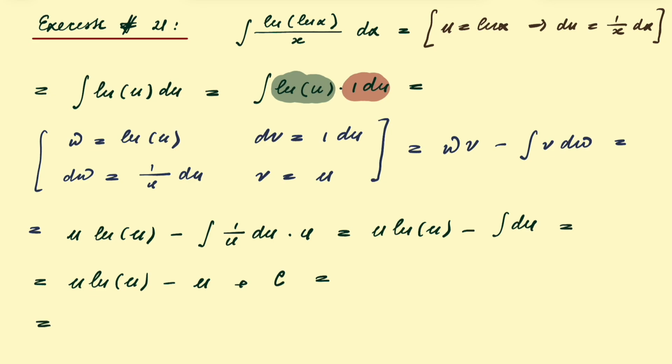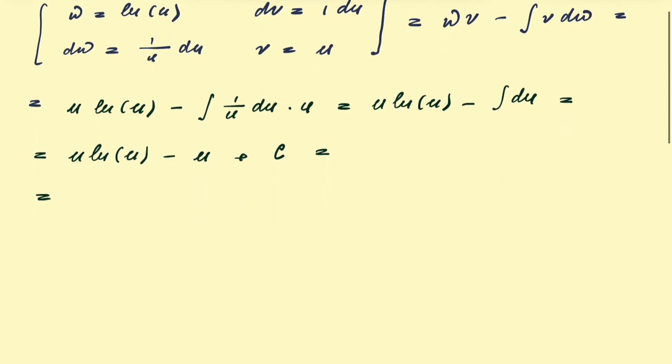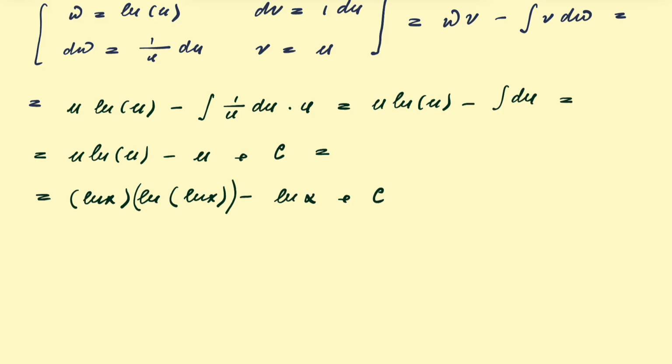Well, remembering that u we took as ln of x, we simply put ln of x instead of u. So we'll have ln of x times ln of x minus ln of x plus some constant c. To avoid some confusion, let's add some parentheses here. Okay, and it's our final answer.